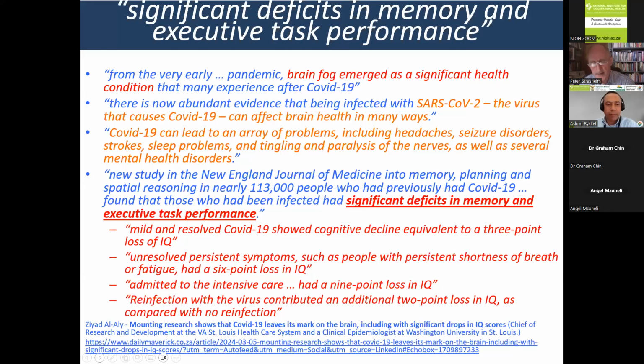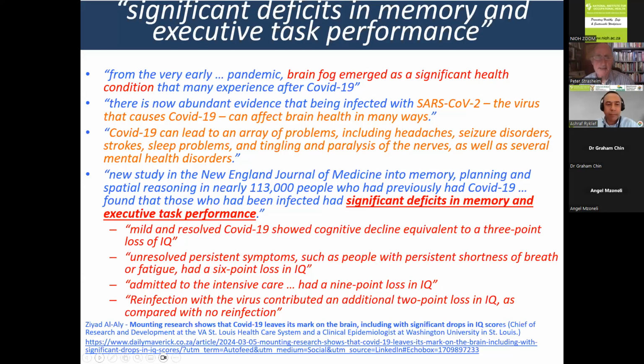And for medical practitioners, employees, trade unions, and employers, it goes to the crucial and central right to reasonable accommodation of a person whose brain has been neurologically damaged by COVID-19. And then the last conclusion, the reinfection of the virus contributed an additional 2 points of loss in IQ. So you can get up to a 9-point loss in IQ, and that's catastrophically serious.